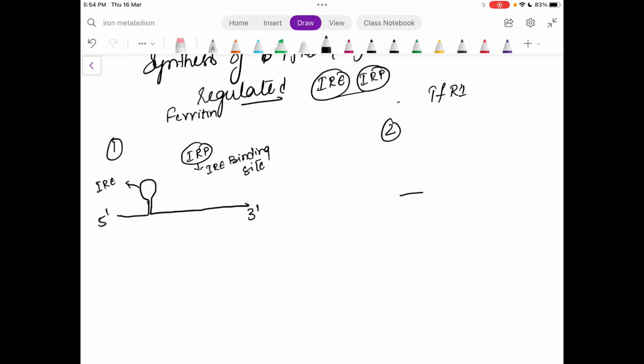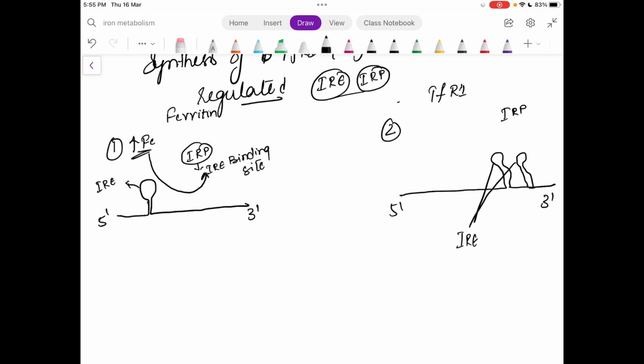And on the transferrin receptor side also, in the mRNA, on the 3' end, we have two iron response elements. This is the 5' end, this is the 3' end. These are iron response elements, and we have IRP. If iron is increased, what will happen?